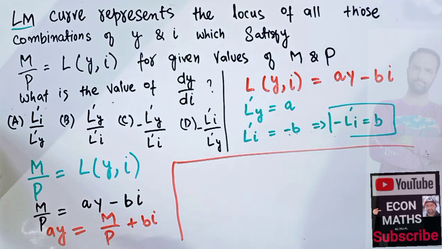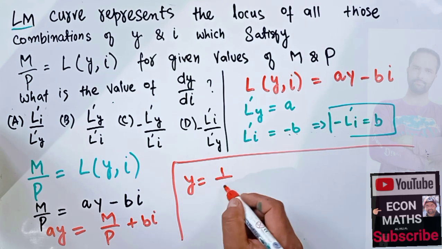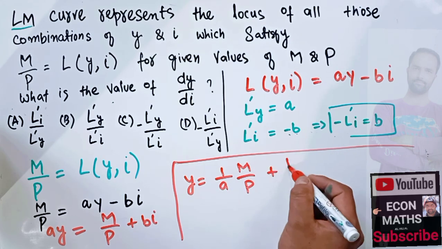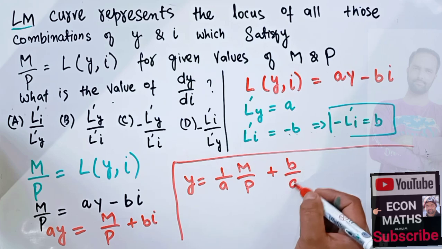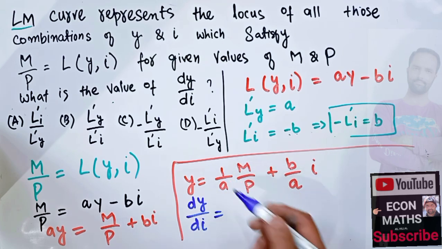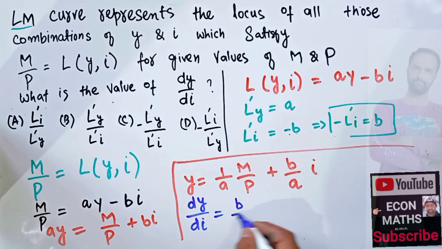Again dividing both sides by A, we will get Y is equal to 1 upon A times M upon P plus B upon A times I. We need to find dy upon di. Let's take the derivative, that is, the change in income with respect to change in interest rate. Since no I is involved in the first term, its derivative is 0. The derivative of I is 1, so we are left with B upon A.